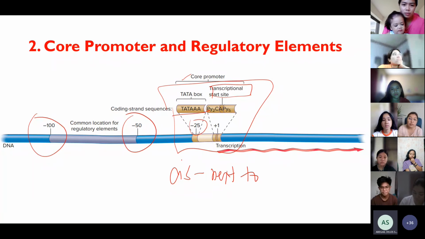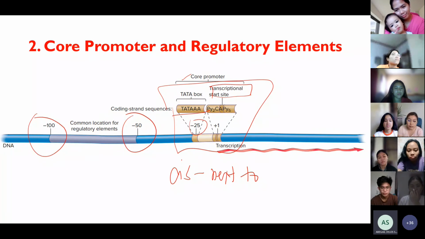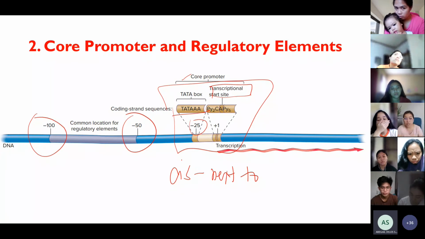Though possibly they can also be found away from our core promoter, they are always found within the same chromosome. As the gene is regulated, your transcription factors bind to these elements, which are also called trans. Trans means across. The transcription factors that control the expression of the gene are encoded elsewhere as well.